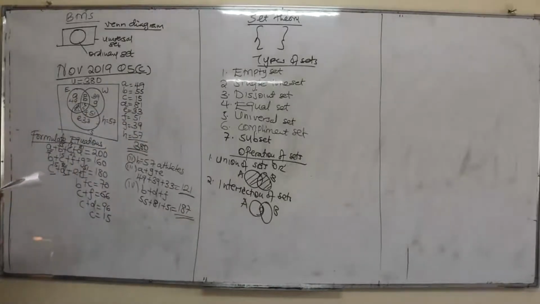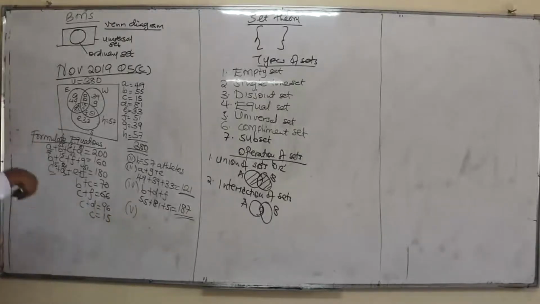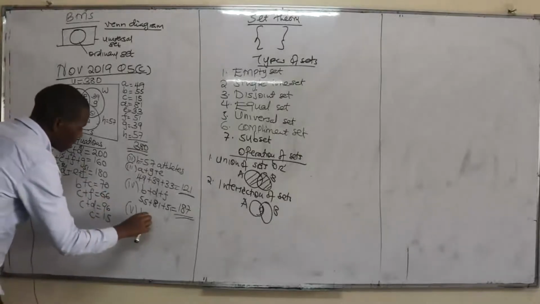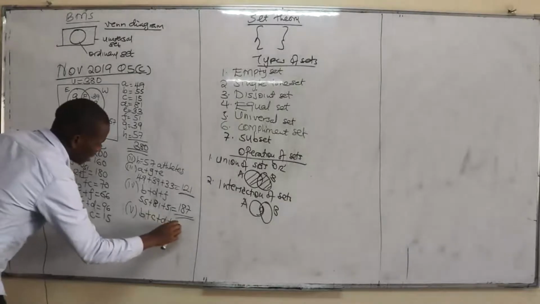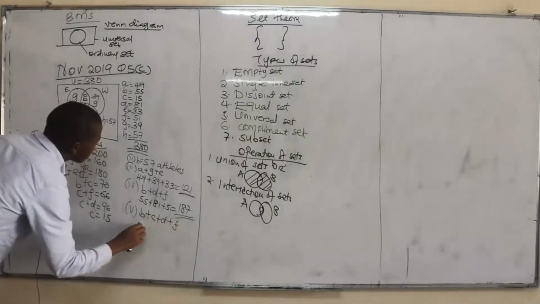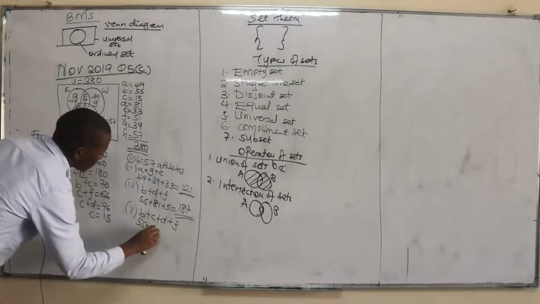Another one, number of athletes that represented at least two regions. When you talk about at least, it is 2 and more. And 2 and more in this case is B plus C plus D and F. B in this case was 55. C is 15.